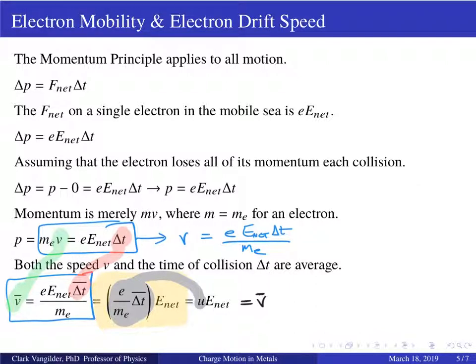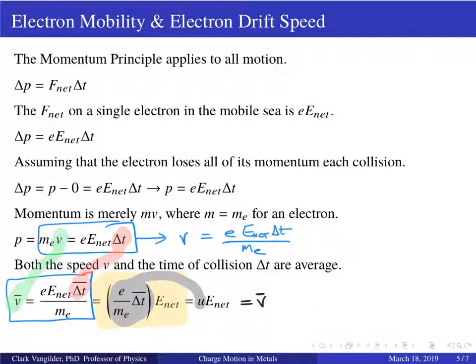We have in this thing right here the charge to mass ratio, those are fixed numbers. That's a number. We could look it up or just compute it. The average time of collisions is not something that's well known. And then the electric field, we can derive that from, say, the voltage that's applied and whatnot.